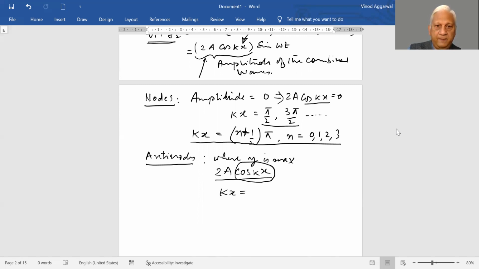This value is 1 when kx is 0, or pi, 2 pi, etc. So we can generalize that kx is n pi, where n is equal to 0, 1, 2, 3. This is the condition for antinode.